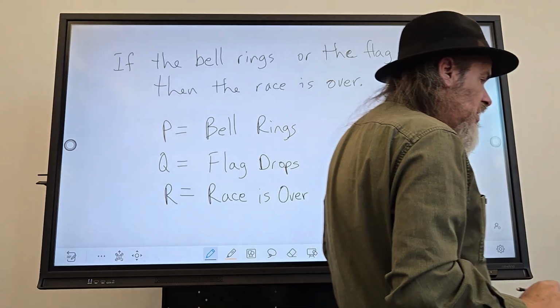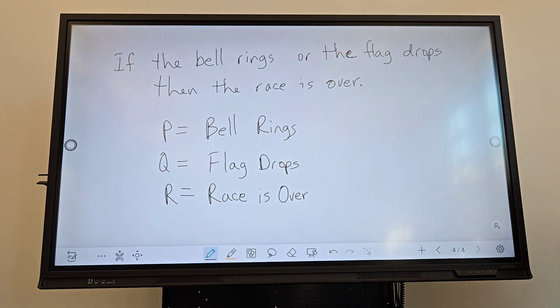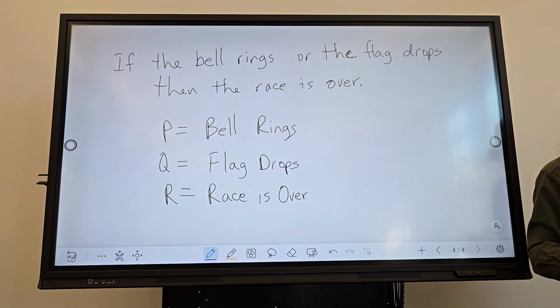So you can manipulate P, Q, and R in multiple different ways.